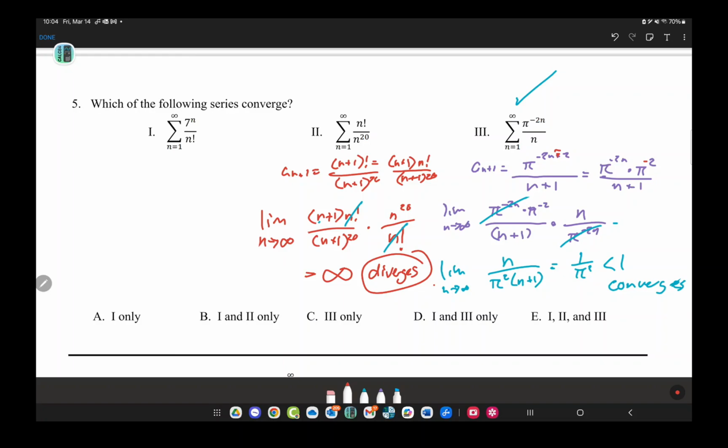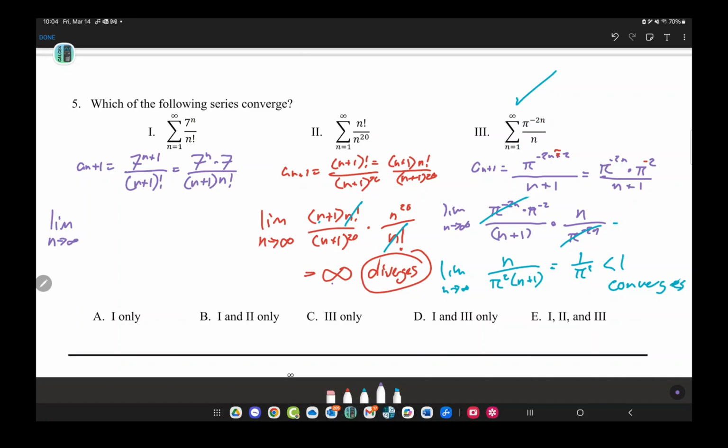And the other one's going to converge. We take a of n plus 1, which is 7 to the n plus 1 over n plus 1 factorial, which is 7 to the n times 7 over n plus 1 times n factorial.